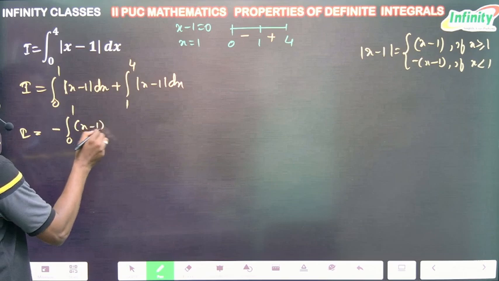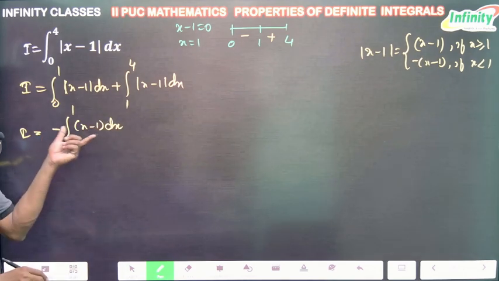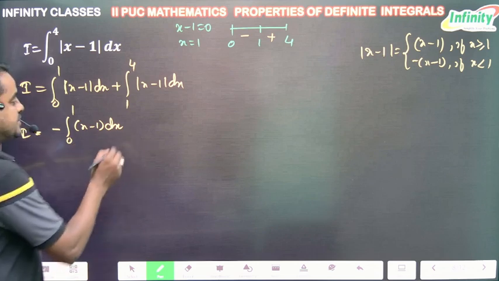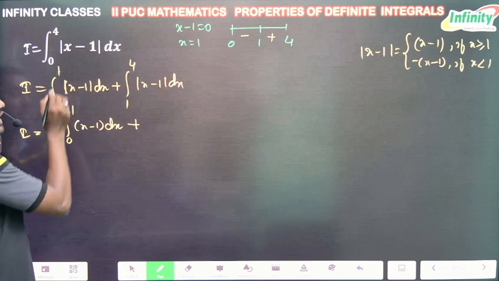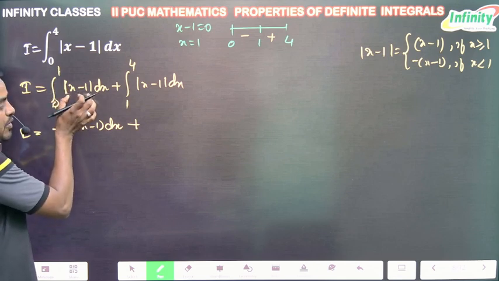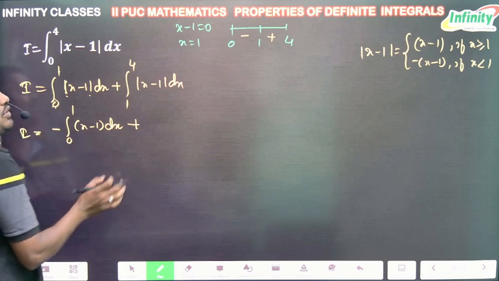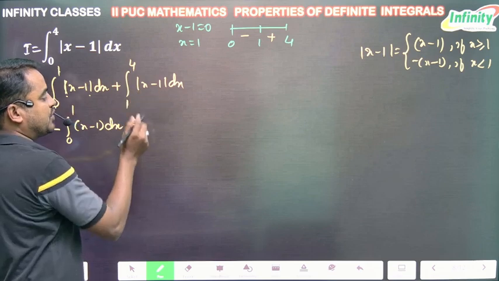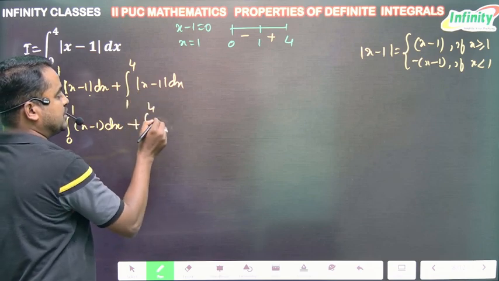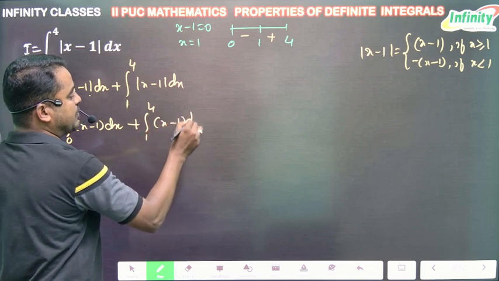So in this interval, I is equal to minus 0 to 1, x minus 1. I am writing the negative sign outside, plus in this interval 0 to 1, this modulus function will open as negative. And between 1 to 4, this modulus function will open as positive, that is x minus 1 dx.